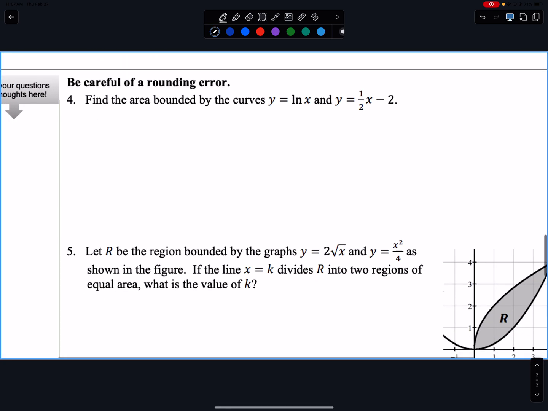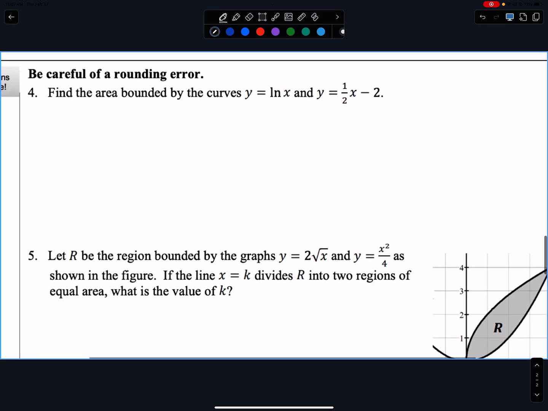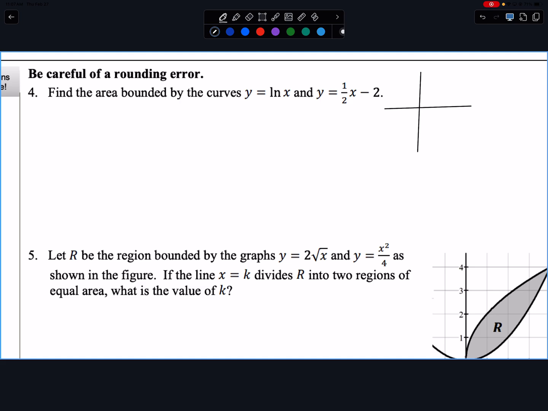We can use a calculator now. Find the area bounded by the curves of y is equal to the natural log of x and y is equal to 1/2 x minus 2. Okay. Y is equal to the natural log of x. I'm going to graph it and then I'm going to see how close I am.